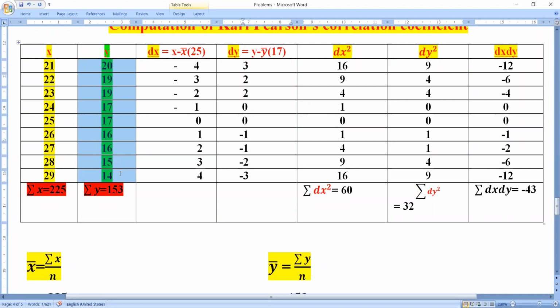After that, 14 minus 17 gives minus 3. In the dy column, these are the values we call dy.